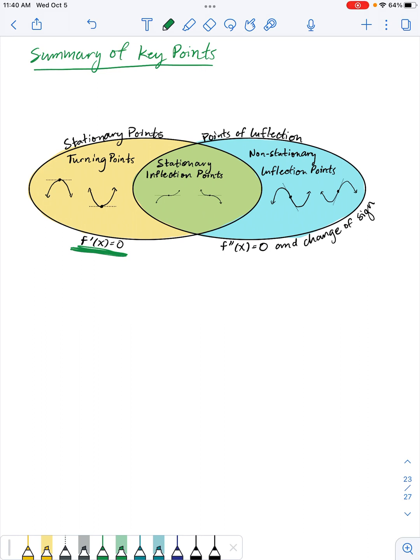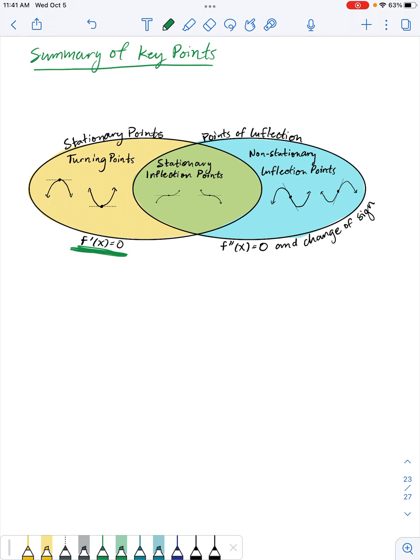And in all of these, we can see that dotted line is horizontal. The ones that are called turning points are local maxes and mins, and we can see that it goes from increasing to decreasing. A stationary point goes from increasing to increasing or decreasing to decreasing. The sign of the derivative doesn't change, but there is still a horizontal tangent line.